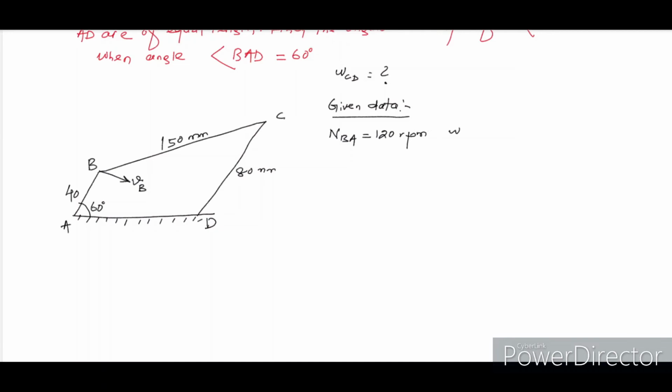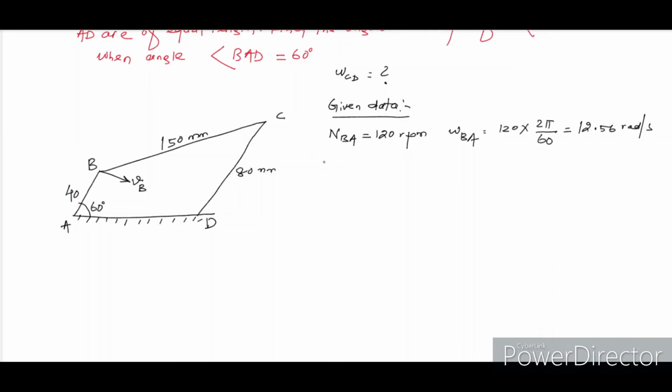So our omega BA will be 120 into 2 pi by 60, so 4 pi, that means it will be 12.56 radian per second.